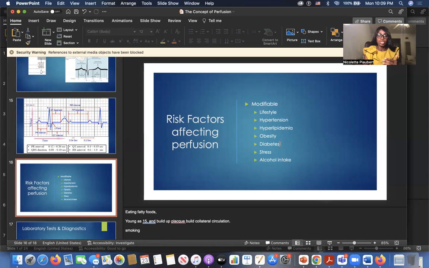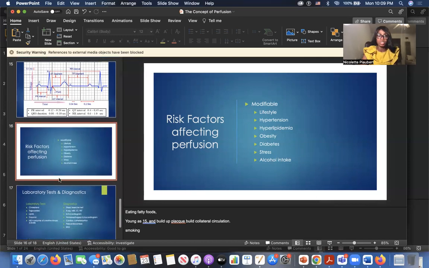We're looking at the HDLs, the LDLs, all of that. Diabetes, we talked about how the arteries are affected, and there are arteries everywhere. There are macro blood vessels, there are micro blood vessels. They affect macro organs and micro organs. We talked about that. So about stress and how that fight or flight mechanism that a person is going through on a daily basis can definitely affect the way their blood is being pumped throughout their body. Talk about alcohol intake. Smoking is also a factor as well.